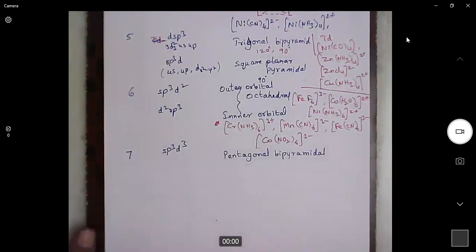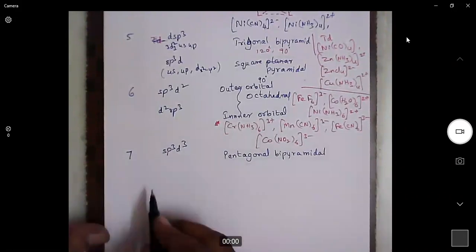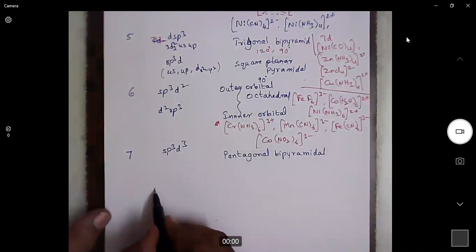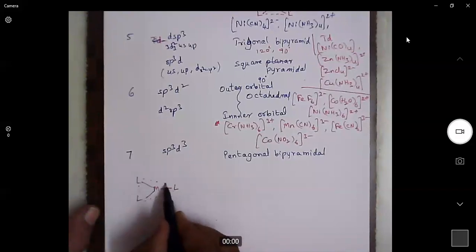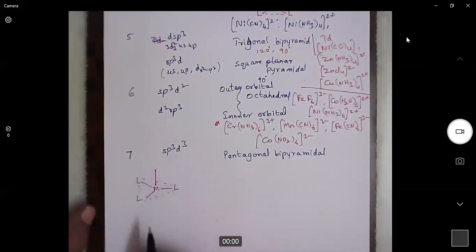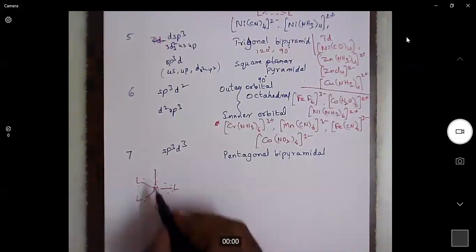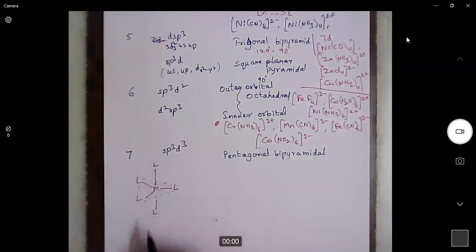What is trigonal bipyramid? We know trigonal planar. This is trigonal planar geometry. If we have one ligand above the plane and one ligand below the plane, this is what is called a trigonal bipyramid.